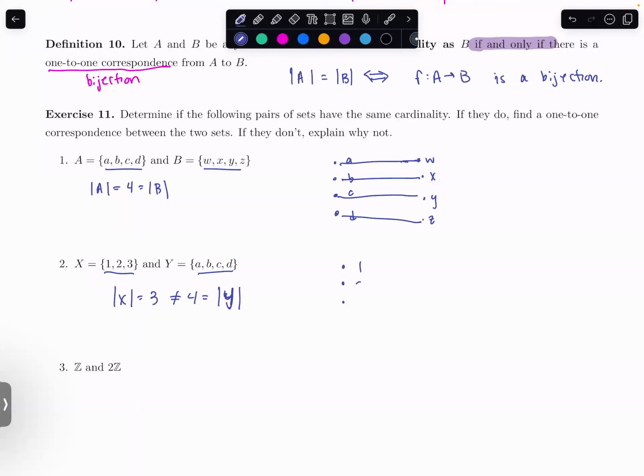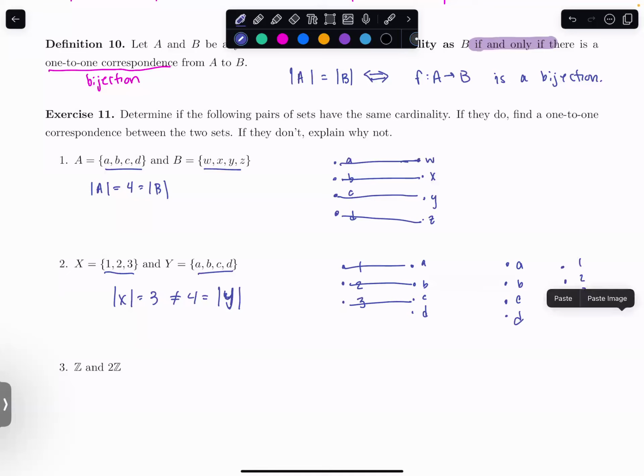If we tried, we either can't hit everything, or if we were trying to go the other way, because it should work either way. It doesn't matter if it's A to B or B to A. So either it's not onto, or it is not 1-to-1, depending on which way you set up which is the bigger set in your function, so whether it's the domain or the codomain.